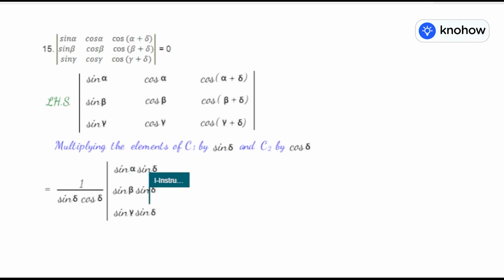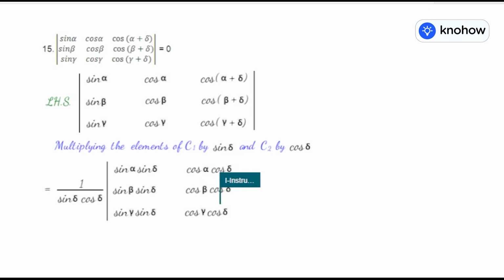Similarly for column 2 you have cos alpha cos delta, cos beta cos delta, and cos gamma cos delta.